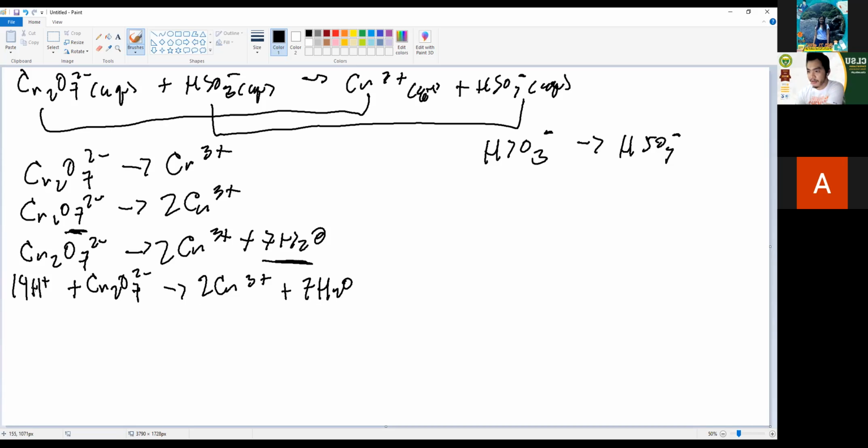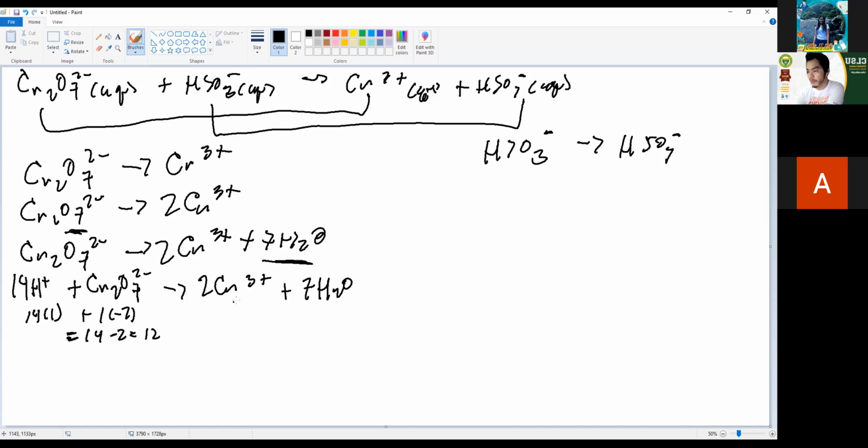So sa left side, 14 times 1 plus isang dichromate times 2 negative, is 1 times negative 2. So 14 times 1 is 14 minus 2 is 12. So sa reactant side, 12.